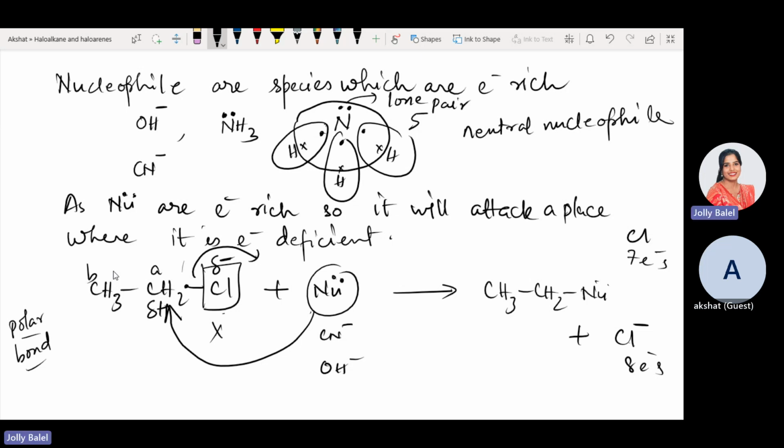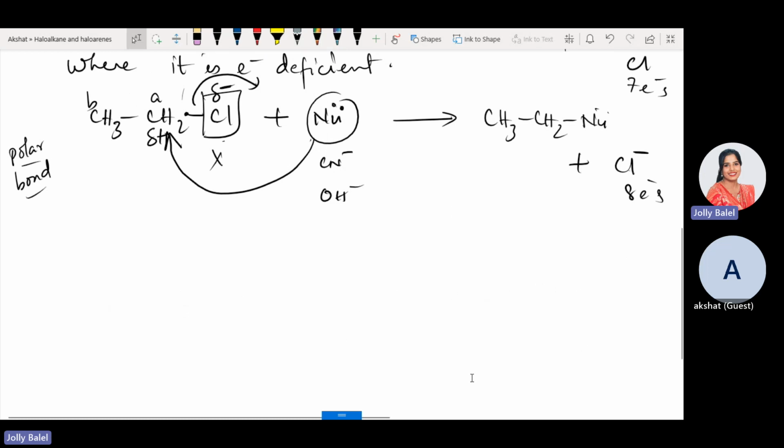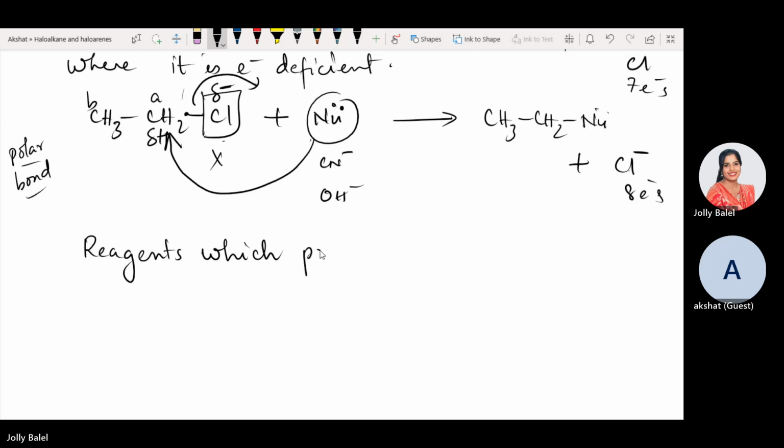If this is a nucleophilic substitution reaction, there should be some chemicals which provide the nucleophile. So the reagents which provide nucleophiles are as follows. If you have the NCERT book with you, go to page number 300.